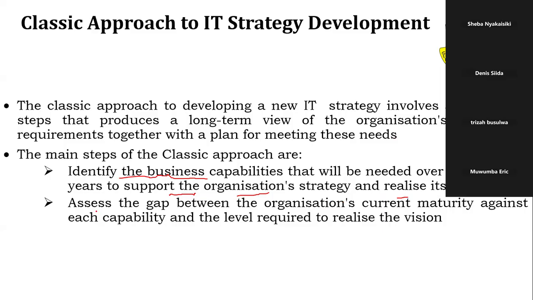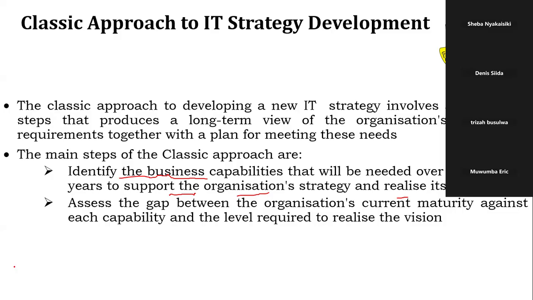The objective of the ICT strategy is to assess the current gap, where the organization is and where it wants to go. Where is the gap? Where have they not yet reached that vision? From that point on, ICT then looks for where it can support.